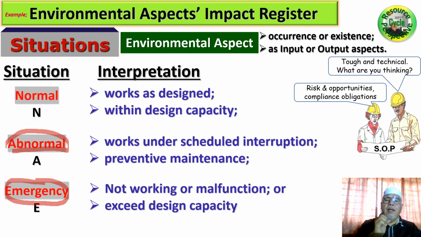That's how he put it, and I've been keeping that in mind and working with ISO 14000 since then until this day, and I say it is correct. We can regard them as waste, which is an environmental aspect in emergency situation. I hope it's clear.